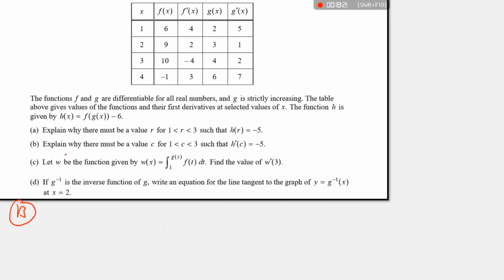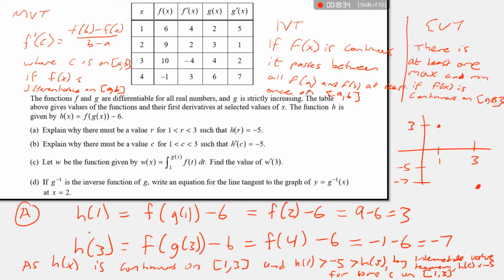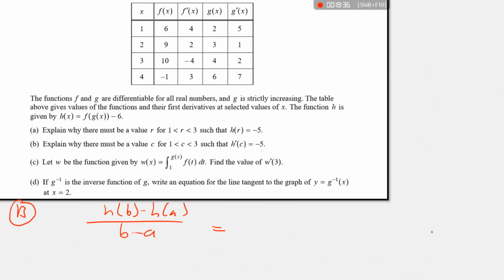So that means I need to figure out what the average slope is between 1 and 3. Okay, so my average slope is h of b minus h of a over b minus a. Okay, so we said h of 3 is negative 7. So that's negative 7 minus h of 1 was 3 over 3 minus 1.